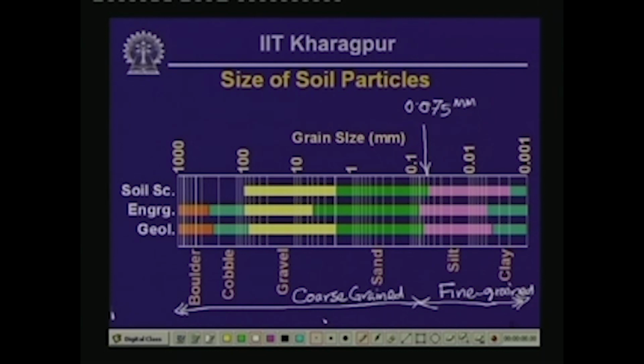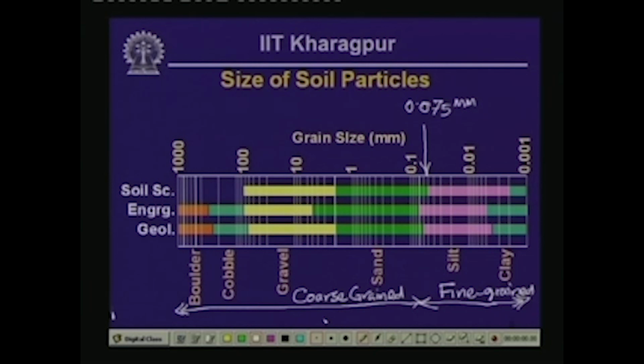Another important fact that I want you to see on this plot is that the classification of soils in terms of grain size will depend on who you ask. In soil science, the grain size classification is slightly different from the classification used in engineering or by geologists.